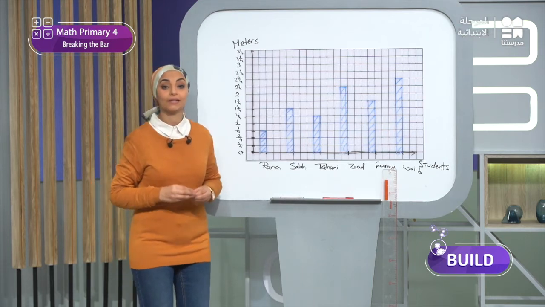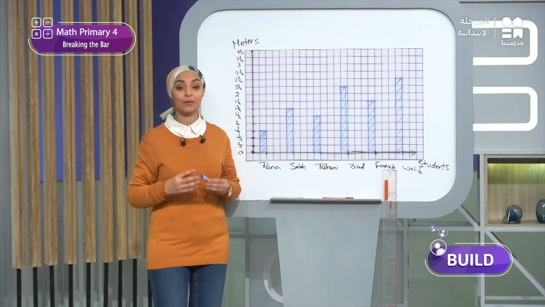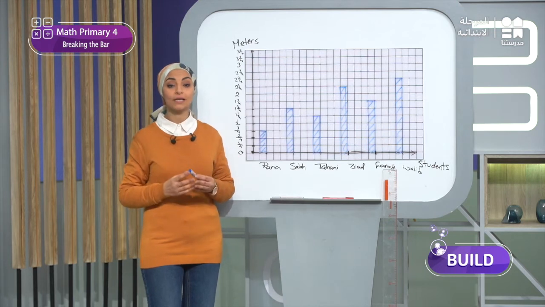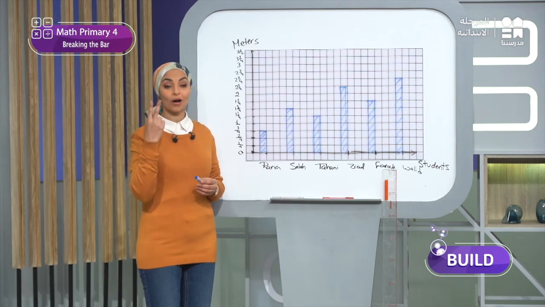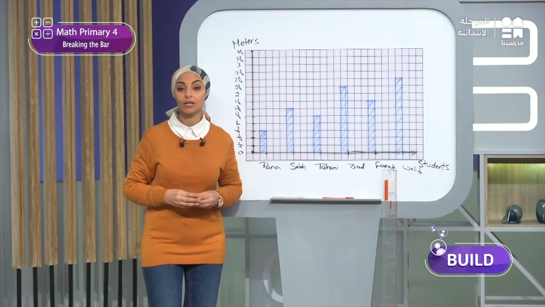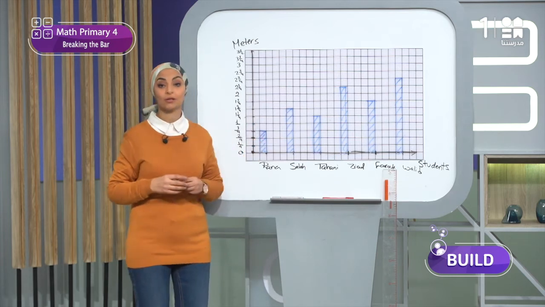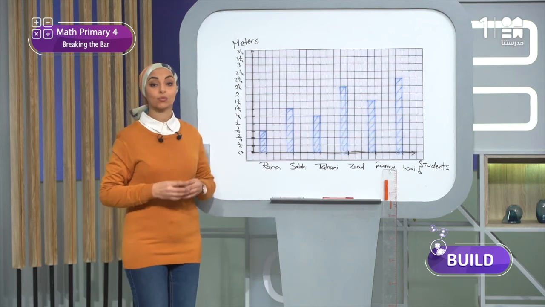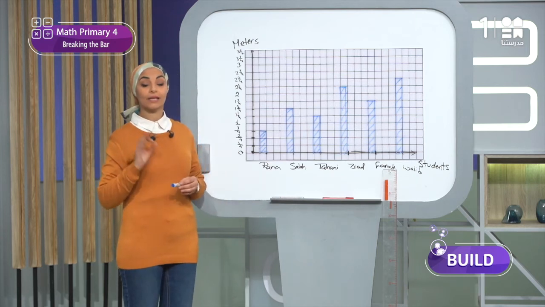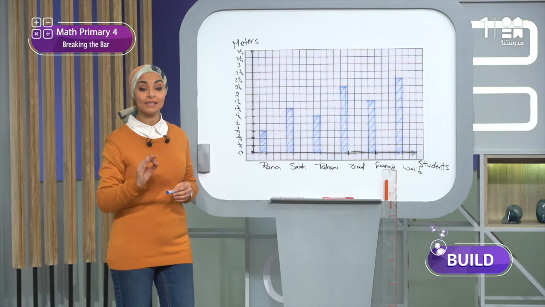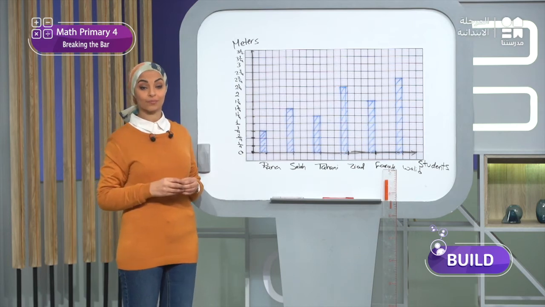This means the data is related and can be compared more easily by using a double bar graph, because we find 2 bars next to each other. We can say that whenever the data is related, the double bar graph is the most suitable method to use.